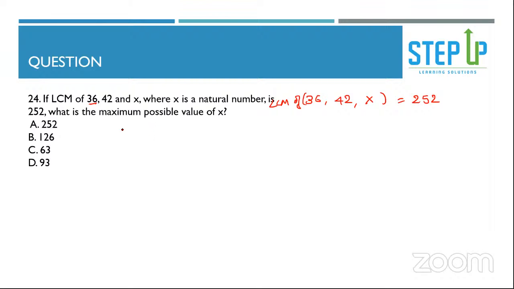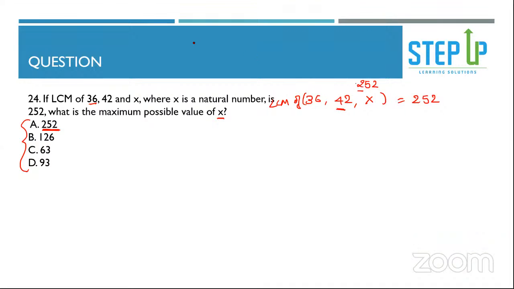All right, when they're asking what is the maximum possible value of x, from the options the maximum number is 252. Now, if I take 252 here, what I need to check is whether 252 is completely divisible by 42.